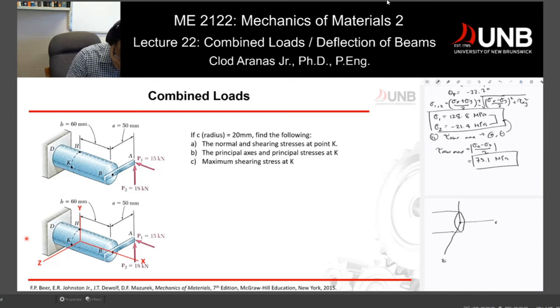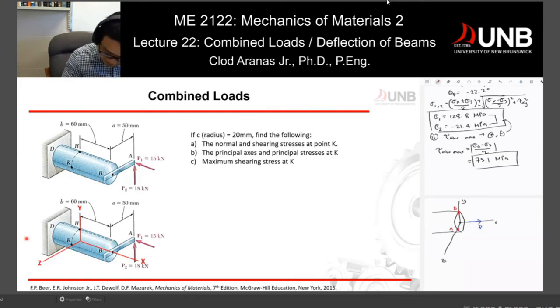So Z, and let's say this is Y. So let's say we have this axis. Of course, we have two points, point A and point B. Now we have different forces, so we can have our force P, which is perpendicular to our surface.